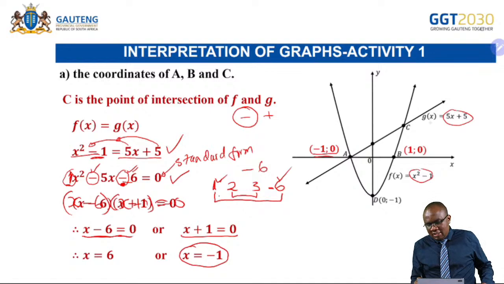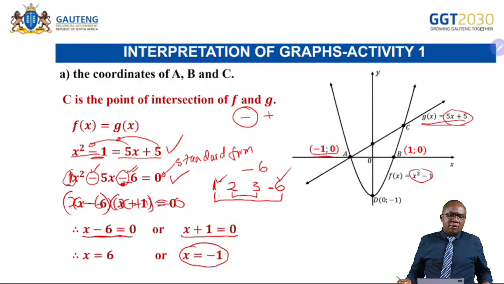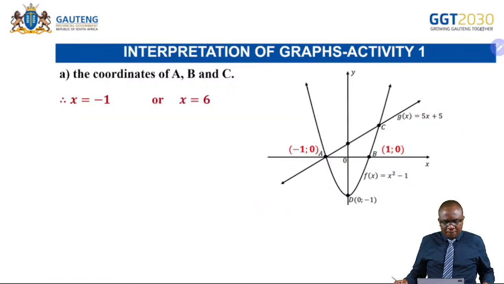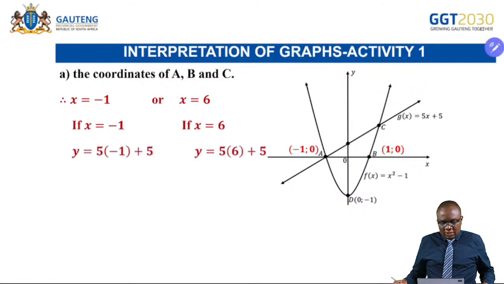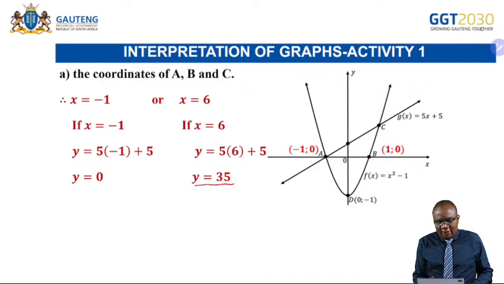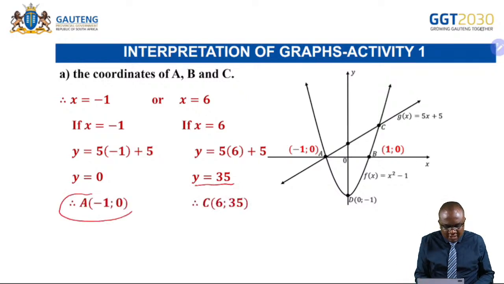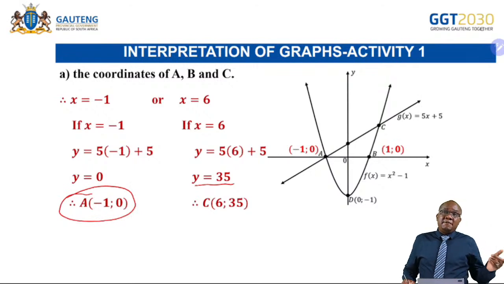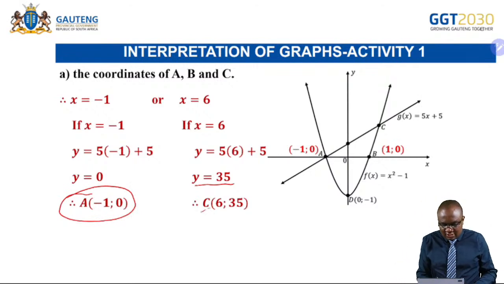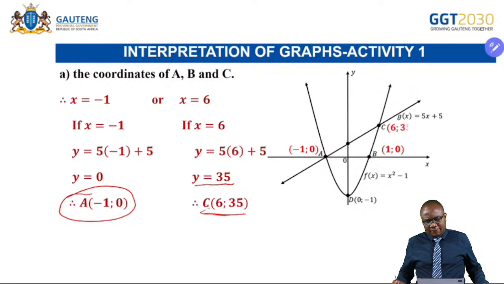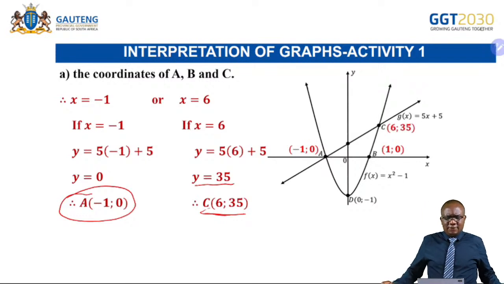Let's use the linear equation because it's the simpler one. So we just substitute 6 there. We'll see. And then what do we get? We're getting 35. So it means if x is 6, y is 35. And this one just confirms that our calculation for A in the previous one was correct. So C is (6; 35). Done. You see that? Okay.